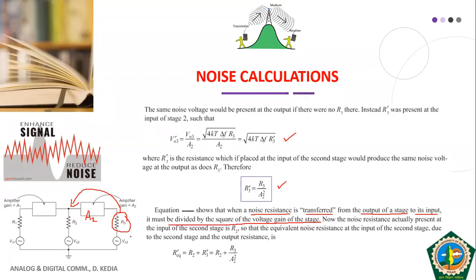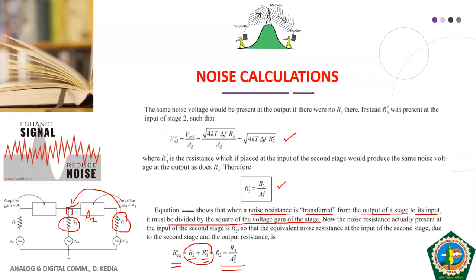Now, this R3 dash is the new resistance that we have incorporated here. We already have R2 here. What is the total resistance present now? This R2 plus the new resistance. So the equivalent resistance at this stage is R equivalent dash equal to R2 plus R3 by A2 square, which is the summation of R2, which is already present, and R3 dash, the resistance obtained by referring the output resistance back to the input.